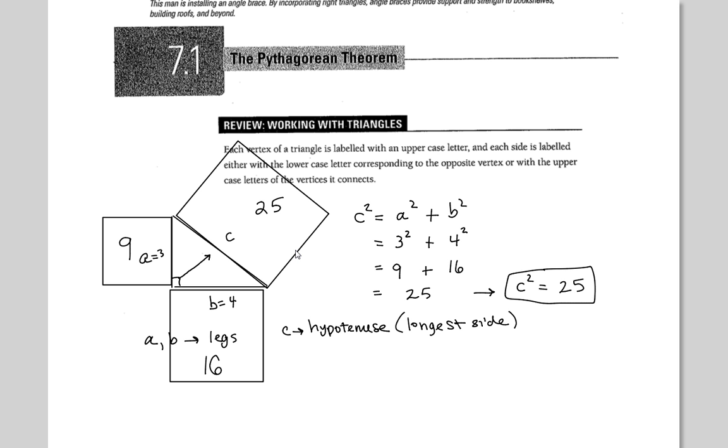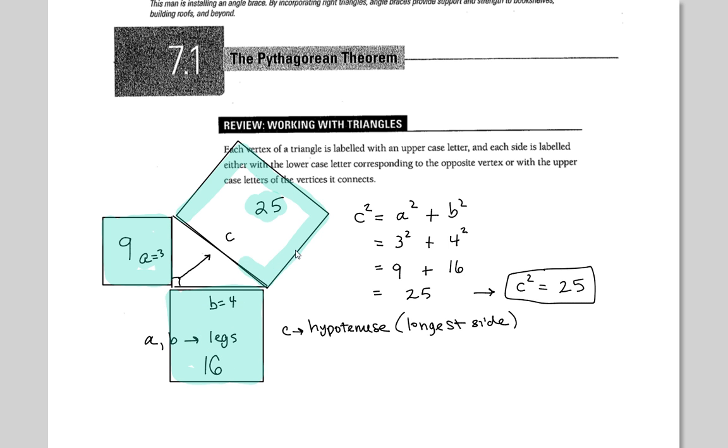I'll highlight all that for you. So everything highlighted is the area. I'll just fill it in so you can see that it's area. So 9 plus 16 is 25.